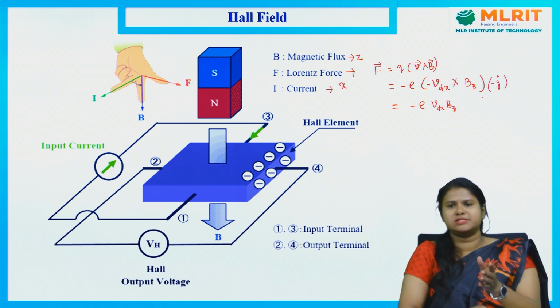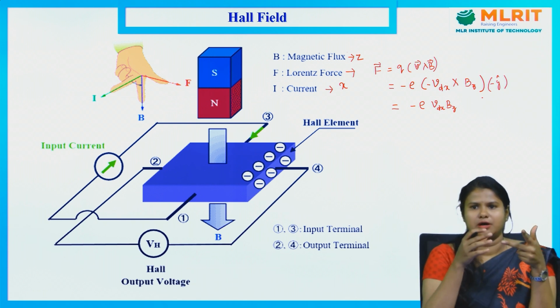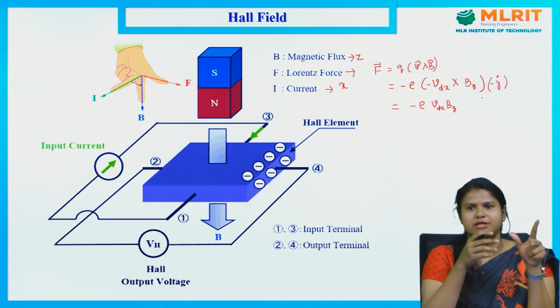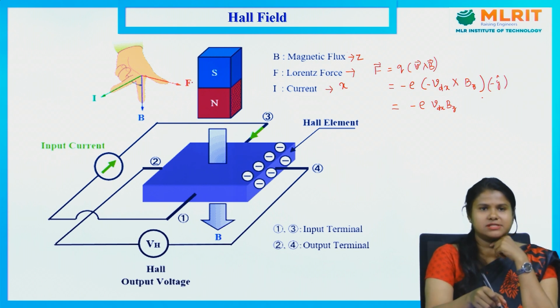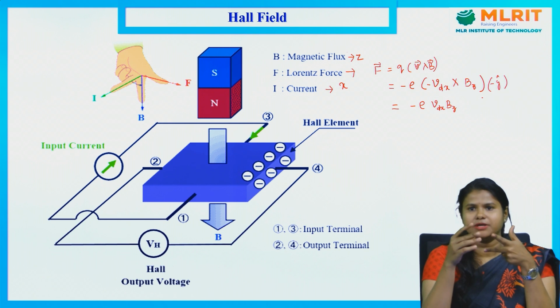Now we will see what is the direction of this Lorentz force. If we apply Fleming's left hand rule and place all our fingers perpendicular to each other, if our thumb represents the force, then this finger represents the direction of the magnetic field and this finger represents the direction of the current.